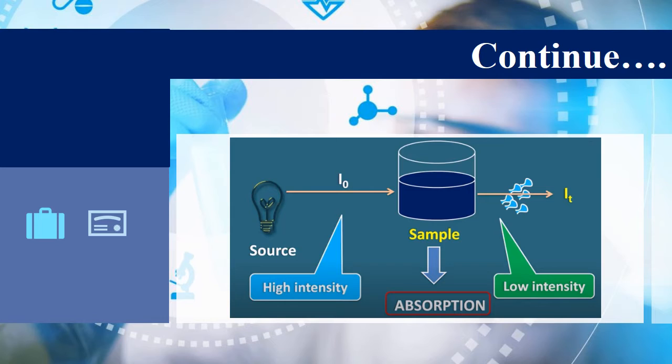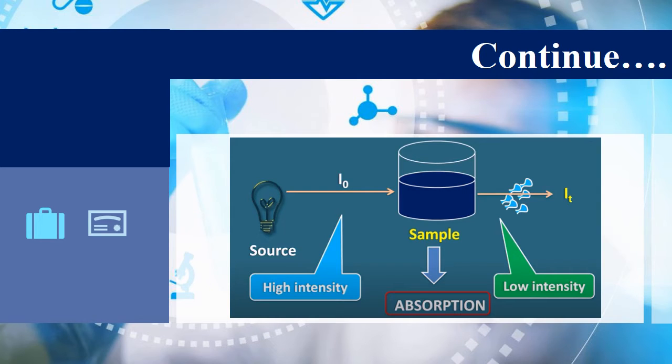So what happened to this electromagnetic radiation when it is passed through the sample? The sample is going to absorb the radiations. So the absorption of the sample can be used to detect what drug is present in the sample and how much is its concentration.